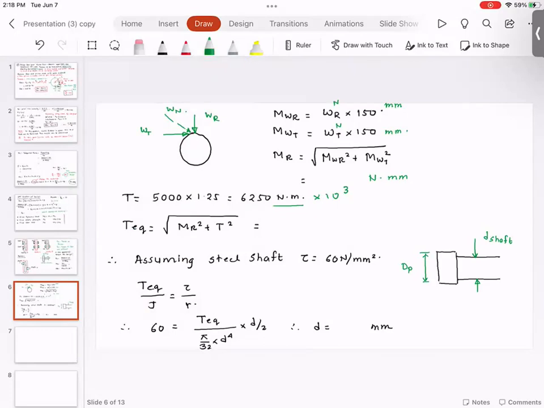So if something like this happens, what is the best way to solve this problem? Change the material.